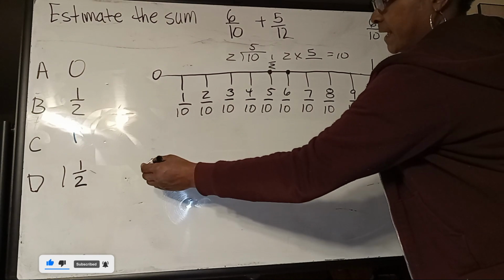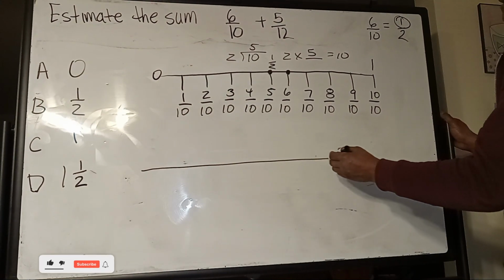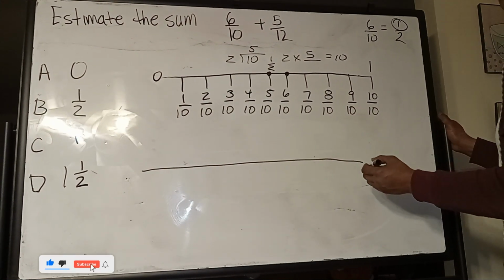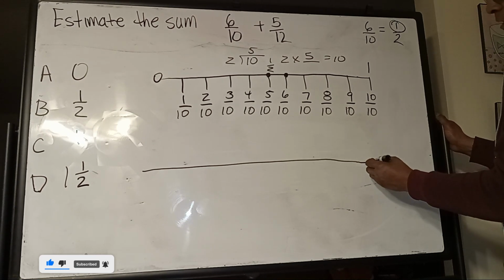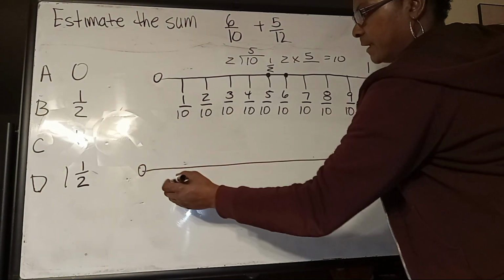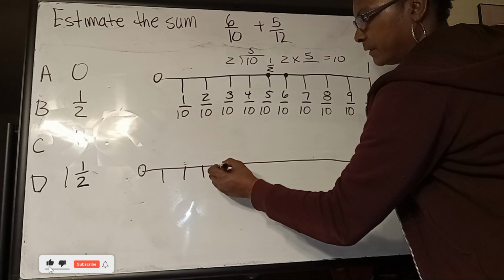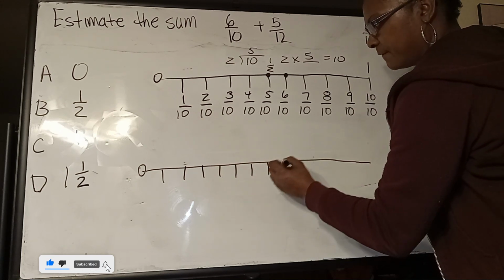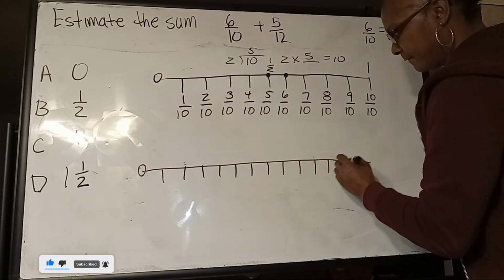All right. So for the next number line, we're just going to draw that out. And how long is that going to be for our second fraction? 12. Exactly. So we're just going to label that 1, 2, 3, 4, 5, 6, 7, 8, 9, 10, 11, 12.